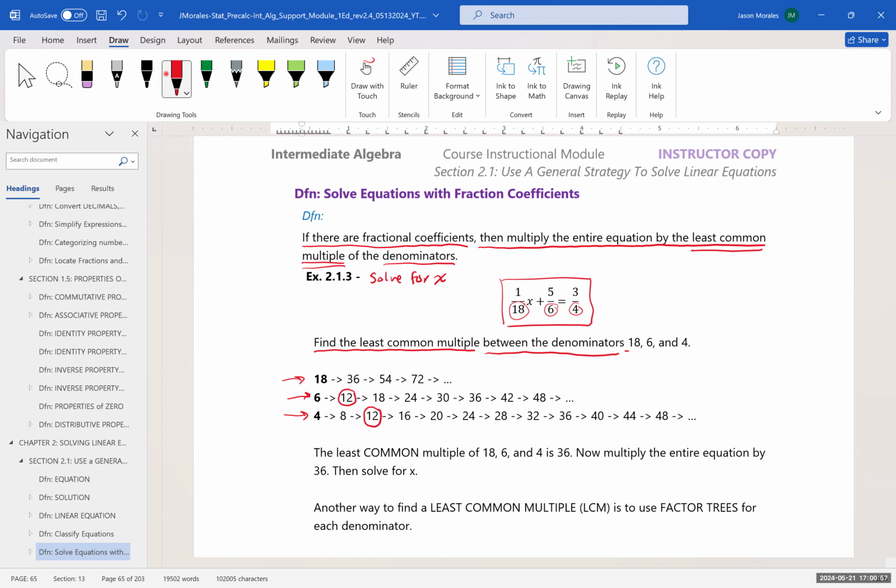But even though 6 and 4 have a common multiple of 12, that's not a multiple of 18, all right? What you will notice is that the number 36 is a common multiple of all three denominators. So 36 is going to be the least common multiple.